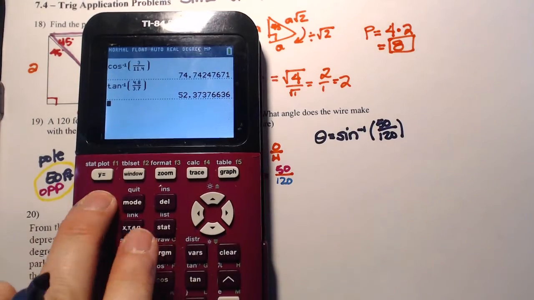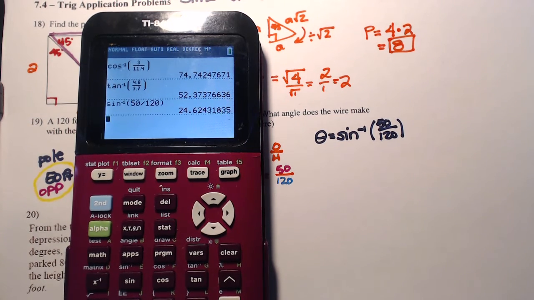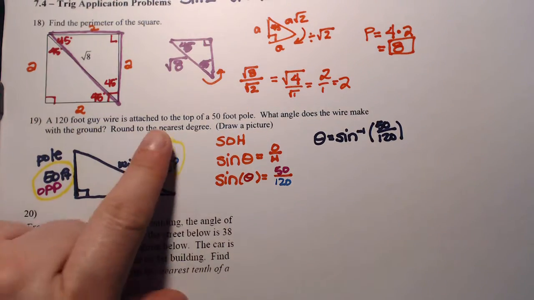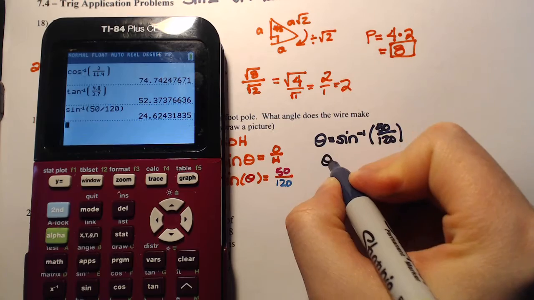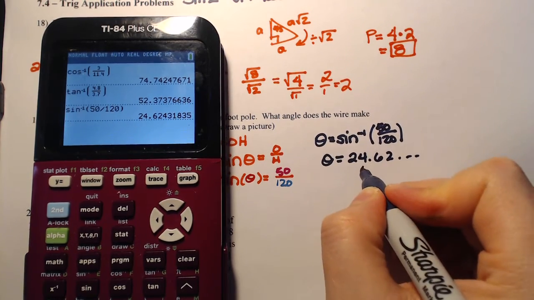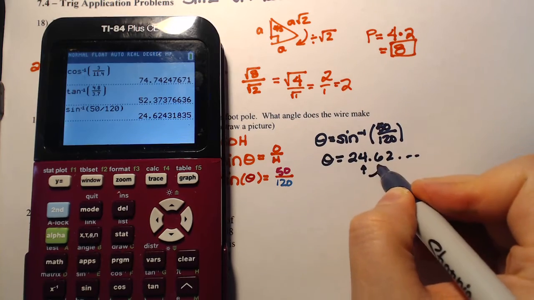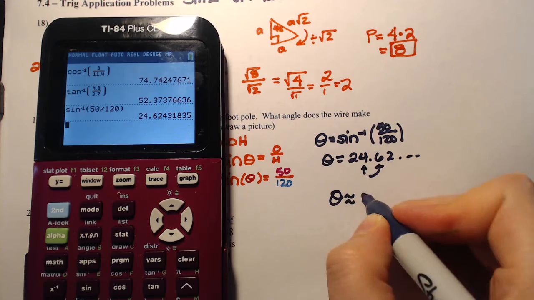So I'm going to hit second sine 50 divided by 120, and it said to round to the nearest degree. I'm rounding to the nearest degree, so I look next to it. That's bigger than 5. So the 4 has to go up.